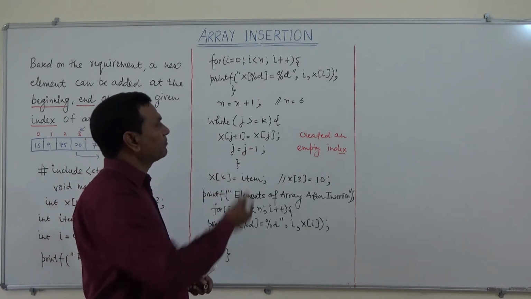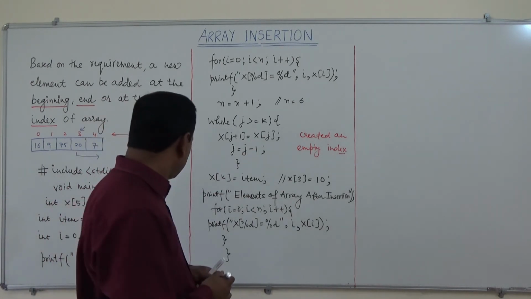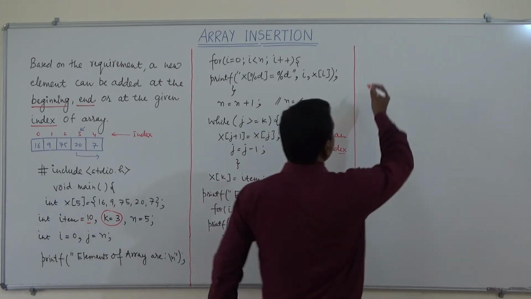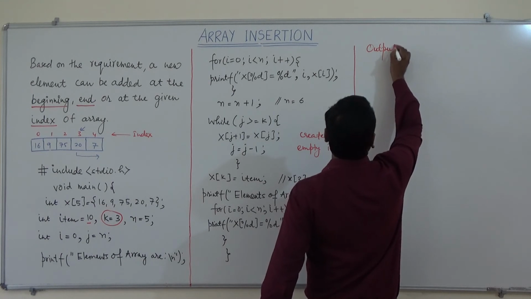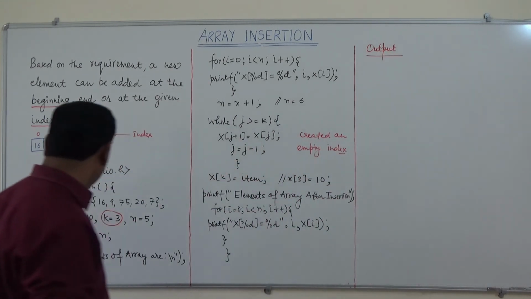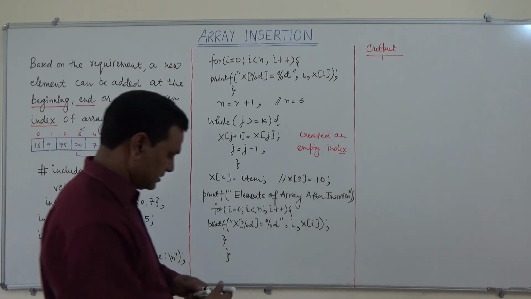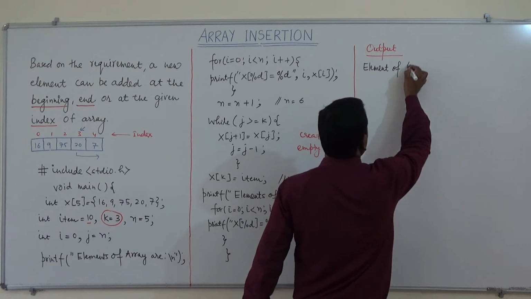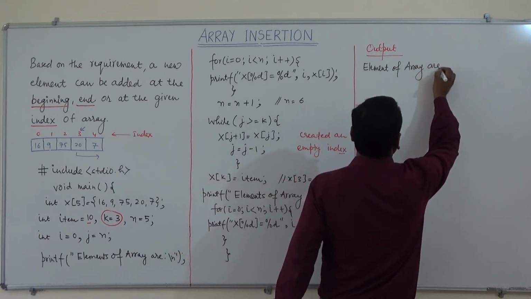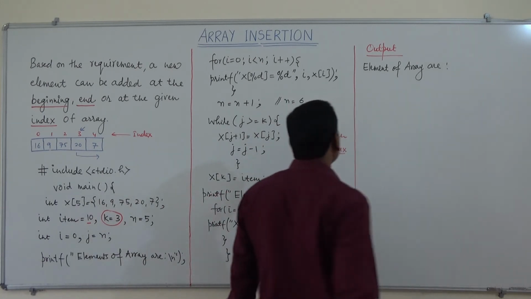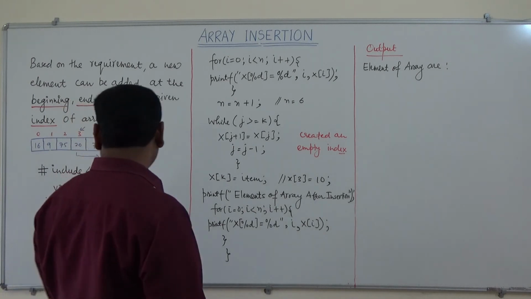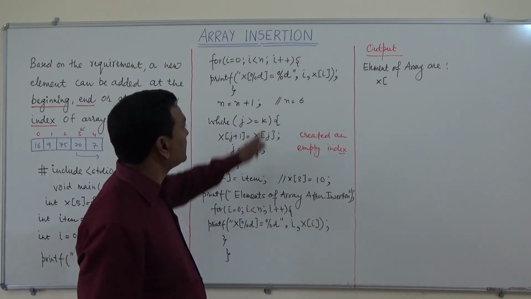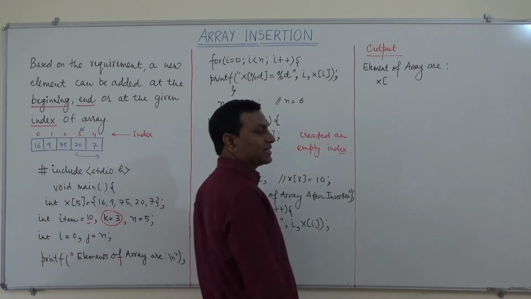Now we'll see its output. So output is, first it will be printed elements of array are, so this will be x percent d, it will print the value of i which will start from 0 because array starts from 0.